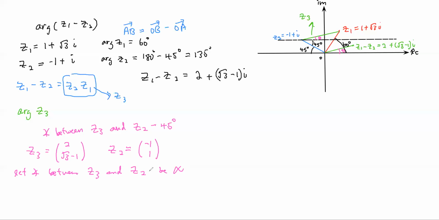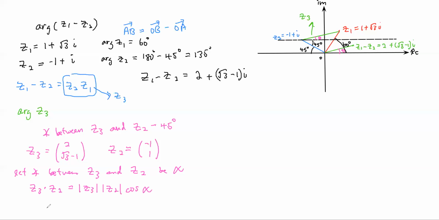We have already used theta. So let the angle be alpha. So it follows that Z3 dot Z2 is equal to the magnitude of Z3 times the magnitude of Z2 times cosine of alpha.